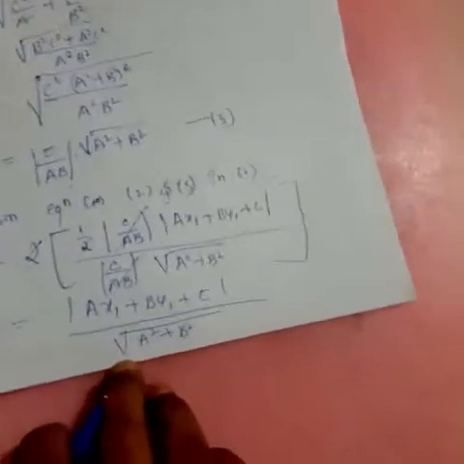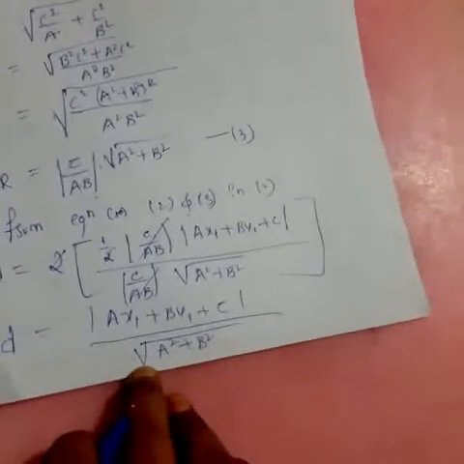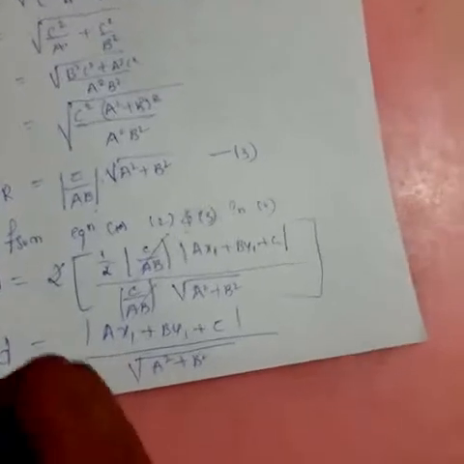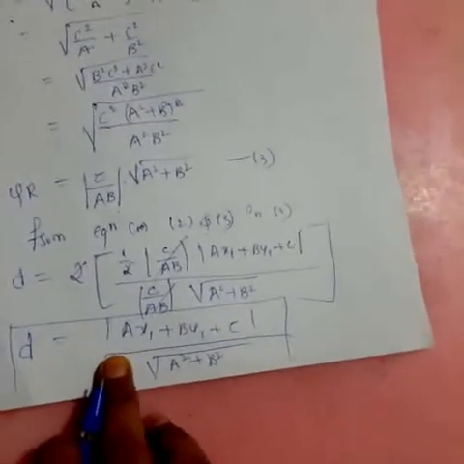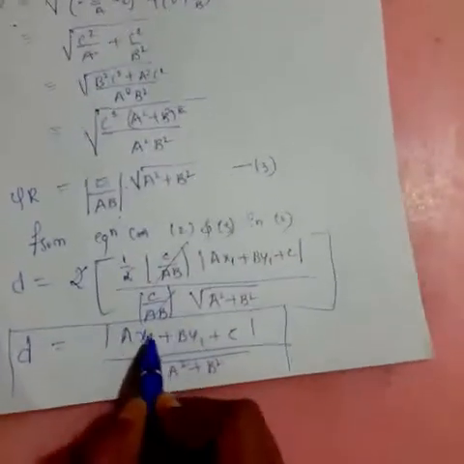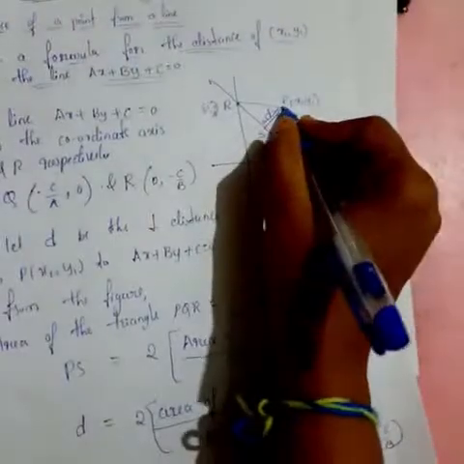If you need to find the perpendicular distance from the point to the line, you have to remember this main formula, that is modulus of a x1 plus b y1 plus c. Here x1, y1 is what? The given point, nothing but this point.